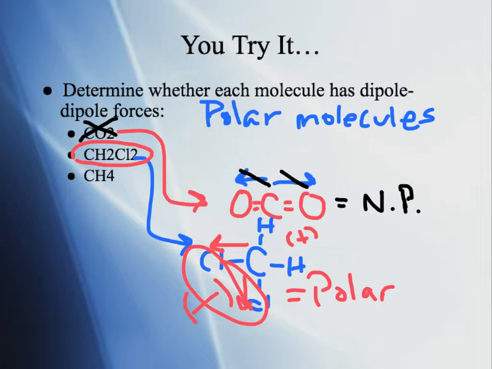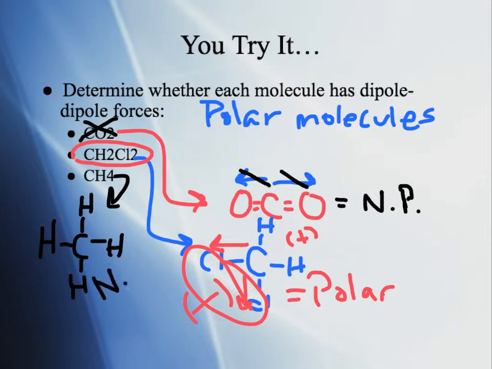The last one is CH4. All right, so C with 4 H's. Again, when you look at the electronegativity difference between carbon and hydrogen, it's nonpolar. It's less than 0.4. So in this case, if they're all nonpolar bonds, it's going to be nonpolar. If it's nonpolar, it does not have dipole-dipole forces.